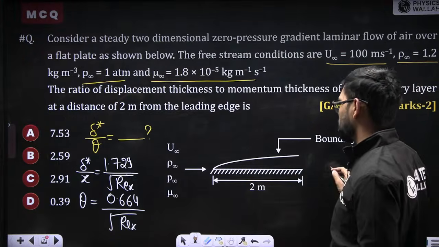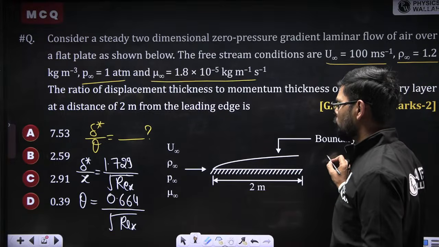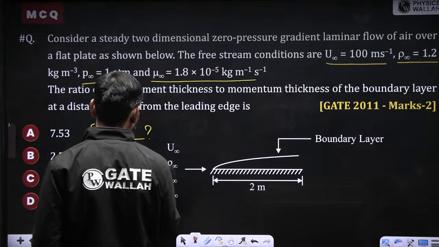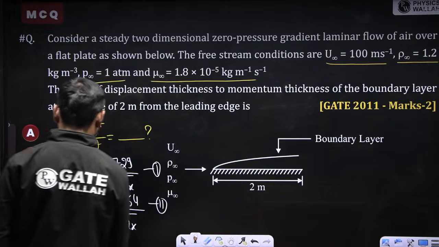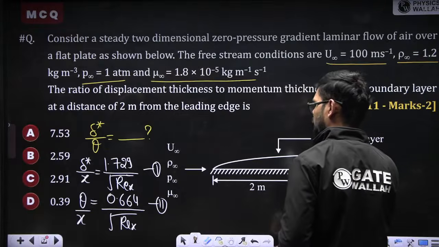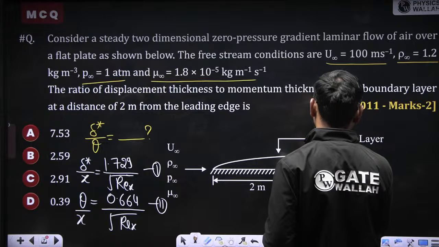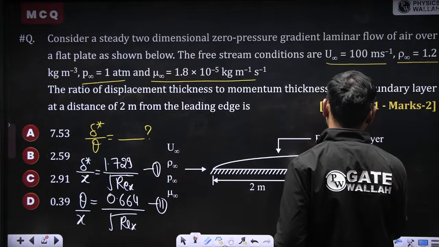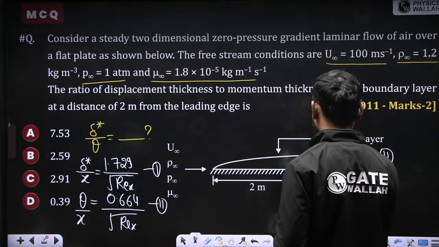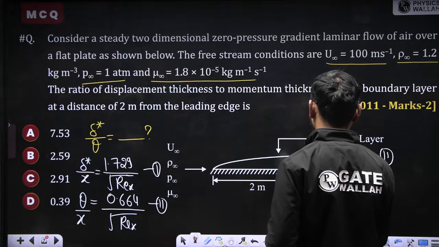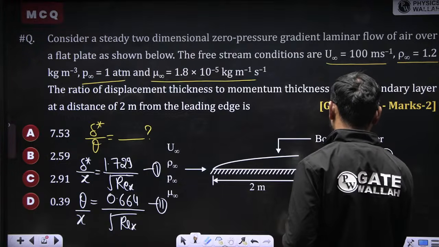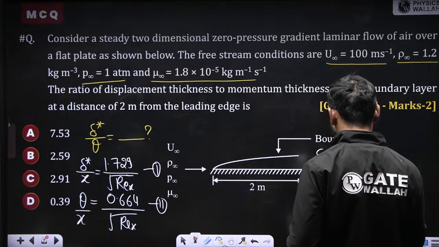If you divide equation number 1 by equation number 2, delta star by theta is equal to 1.729 divided by 0.662.